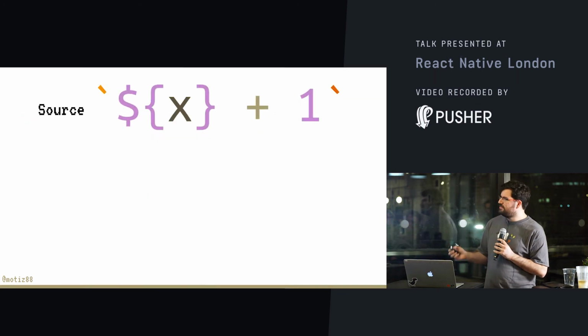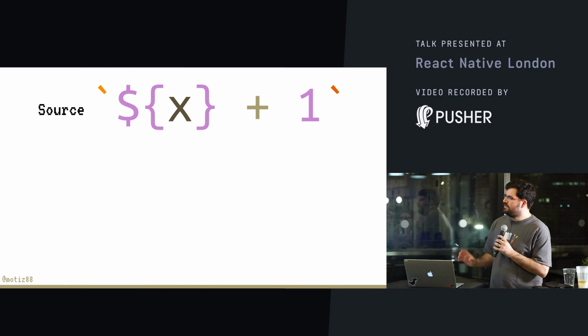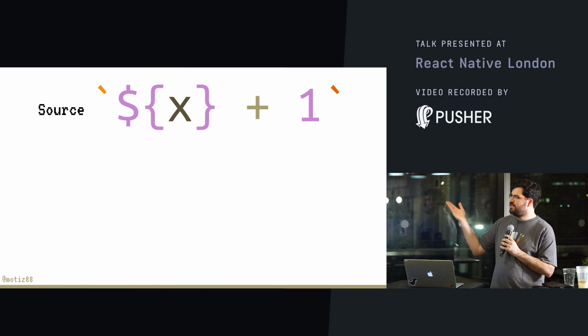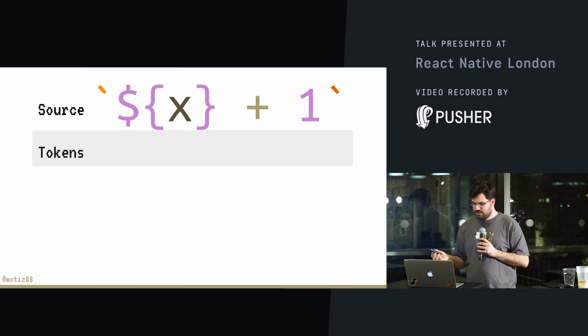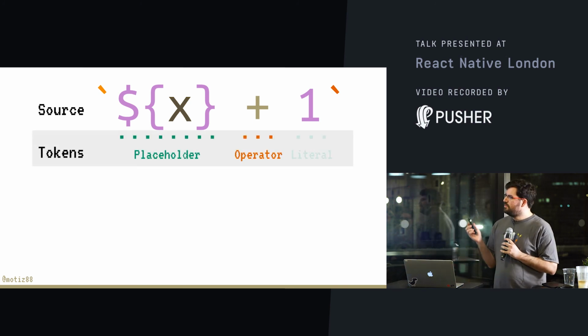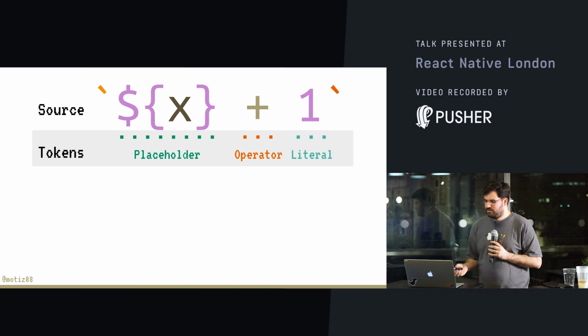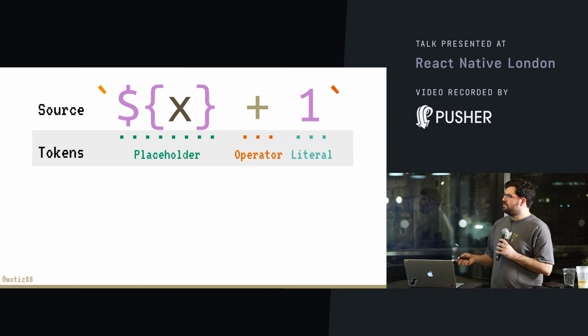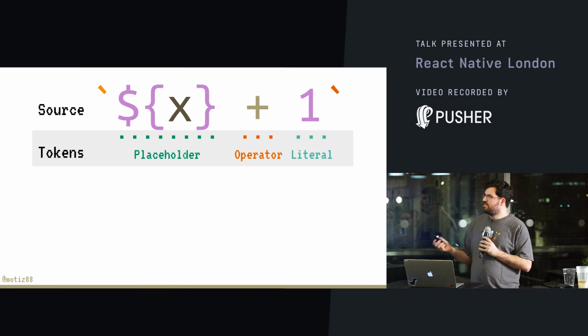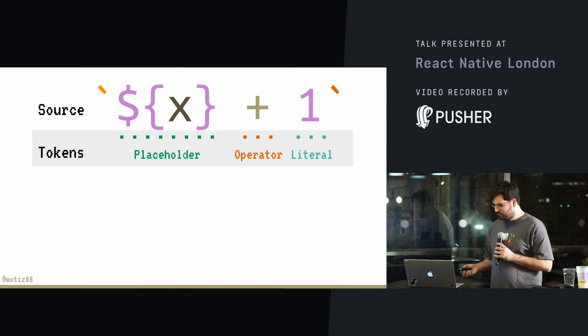So to illustrate that, I'm going to look at a very, very simple expression, which computes x plus 1. The tokens here are one placeholder, which holds the x variable, one operator, which is plus, and one numeric literal, which is 1.